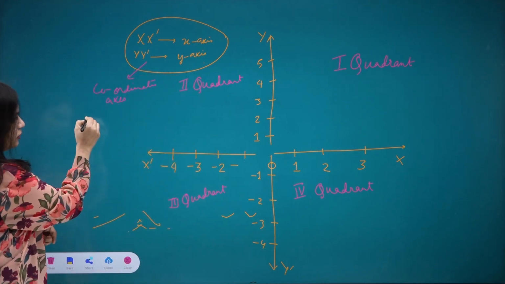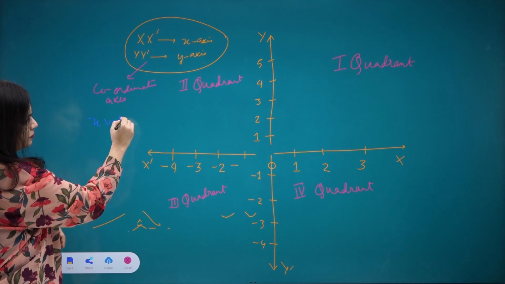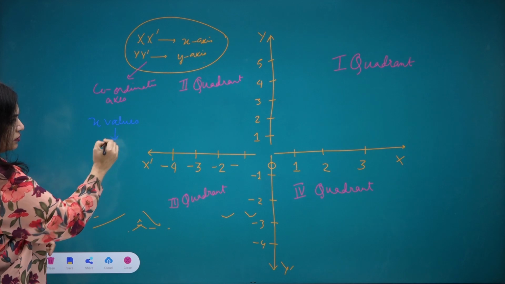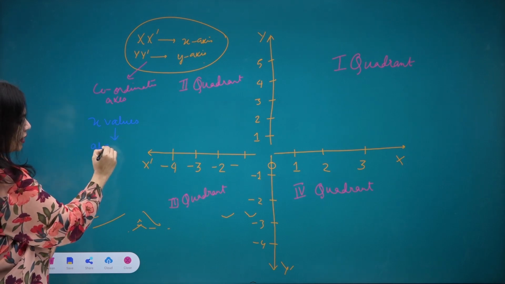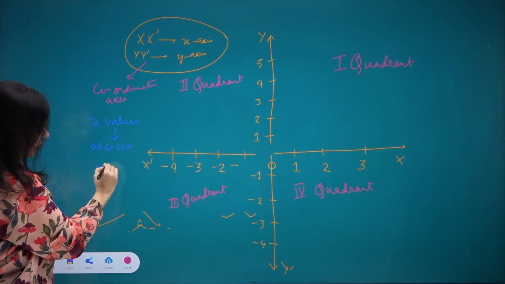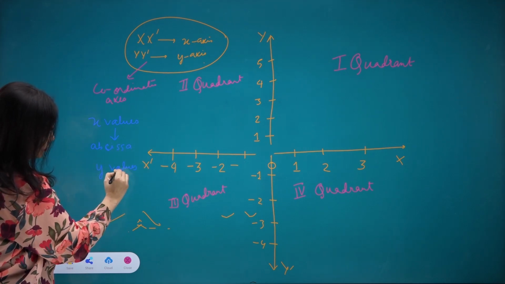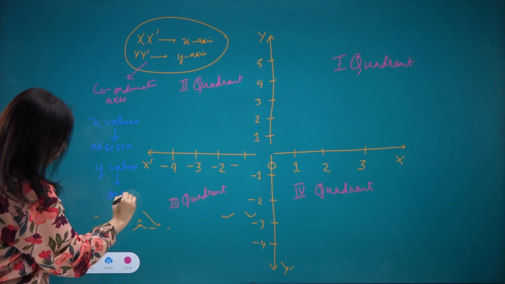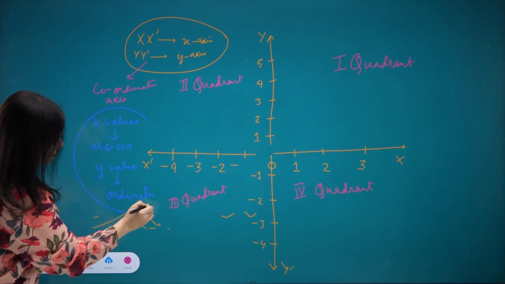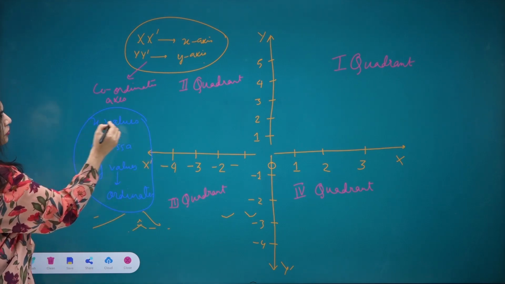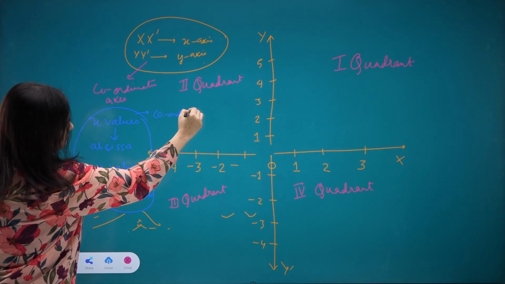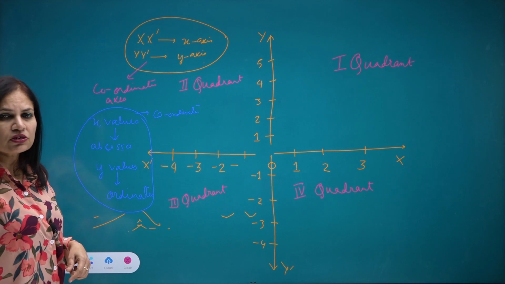All the x values are known as abscissa, and all the y values are known as ordinates, and these together are known as coordinates. They together are known as coordinates.